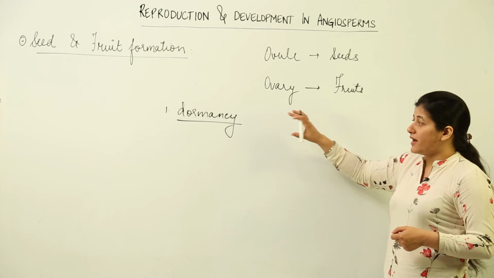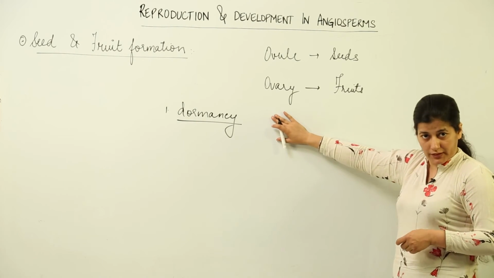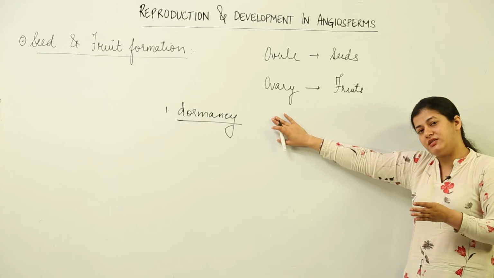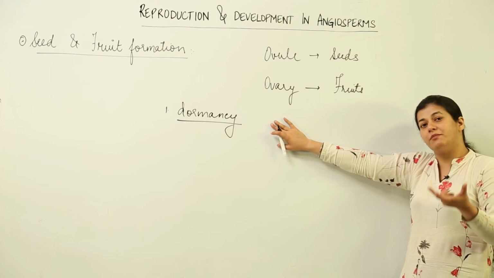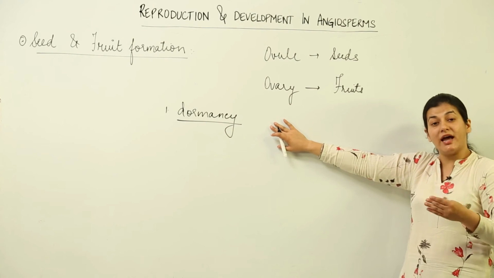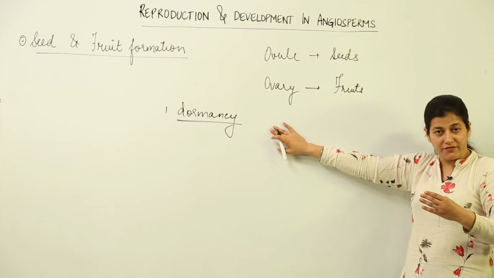So you see, by becoming dormant, by ceasing their developmental activities under the influence of some growth inhibitor, the seed can withstand a long duration of unfavorable periods.